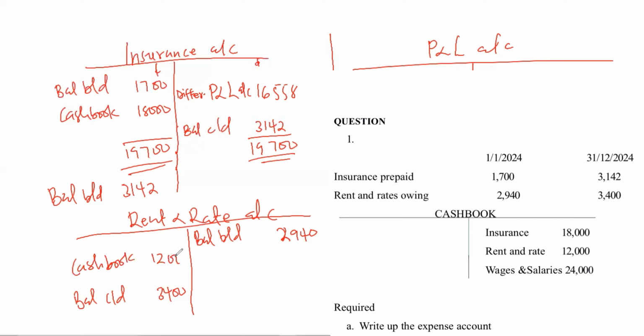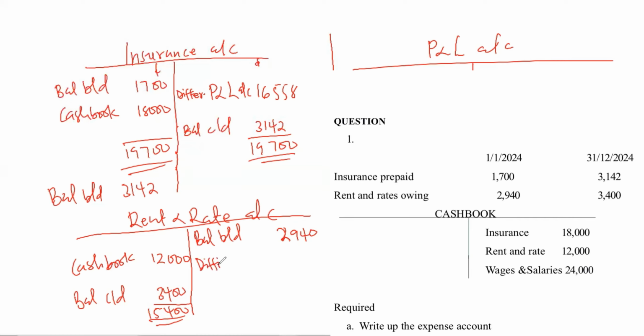So we say cash book on the debit side, which is 12,000. When we are balancing this, we add the debit side to get 15,400. When we subtract the credit side from it, we get the difference.